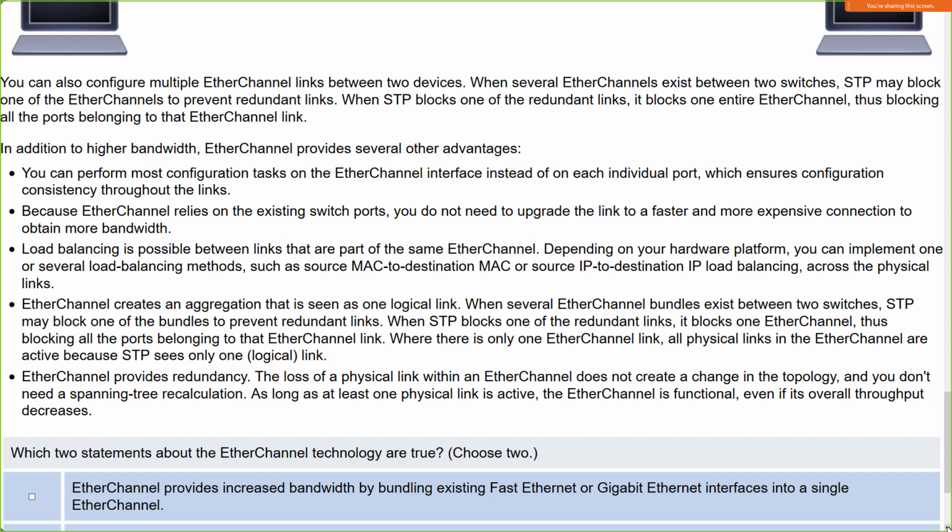We don't have to necessarily use faster links, more expensive interfaces, because we can create these virtual links, if you will, by simply using more ports in the channel. Granted, it is going to take up those ports, but oftentimes that's a better choice than actually putting in a module with a 10 gig link or something like that.